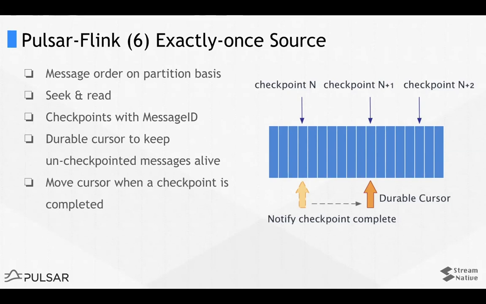We only move the cursor when Flink tells us that a checkpoint is fully complete. In this way, we can guarantee all the data needed by Flink checkpoints is retained until they finish the checkpoint.